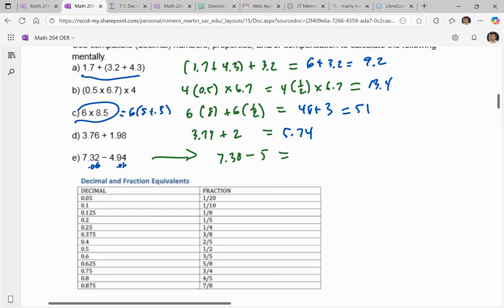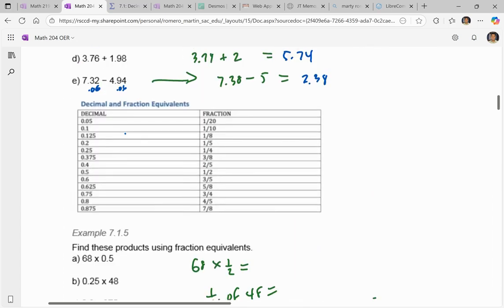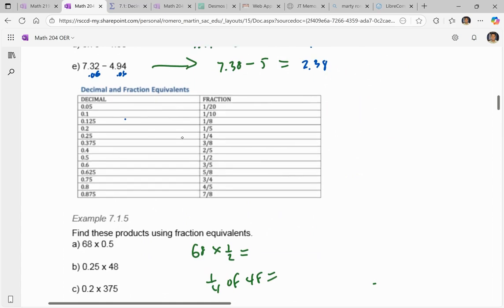This is the equal sums method. The difference will remain the same. Now I can subtract. I can find the difference between those two, which is 2.38. So those are all ways to think about mental math and estimation at the beginning. In the next video, we'll look at decimals and fractions to do some computations.